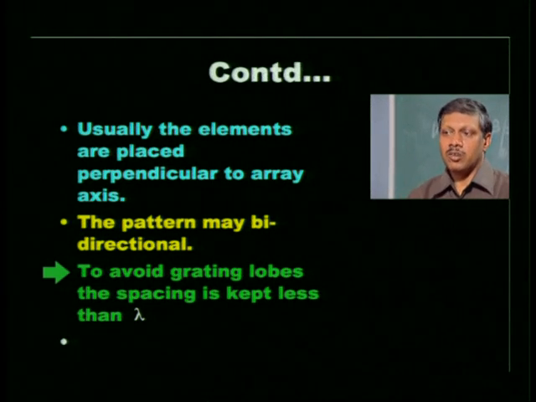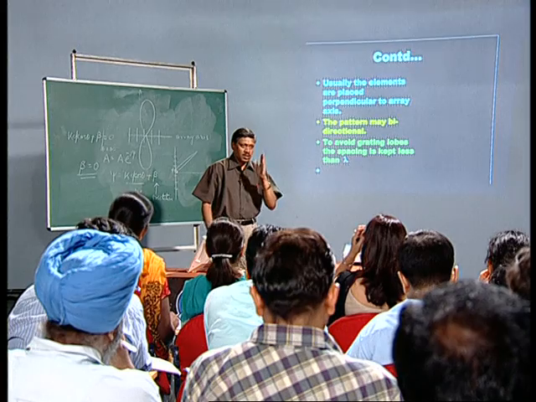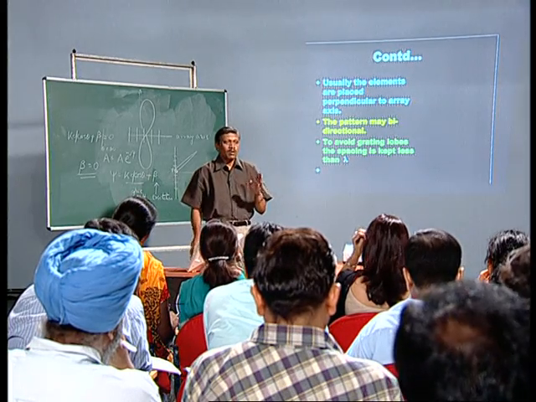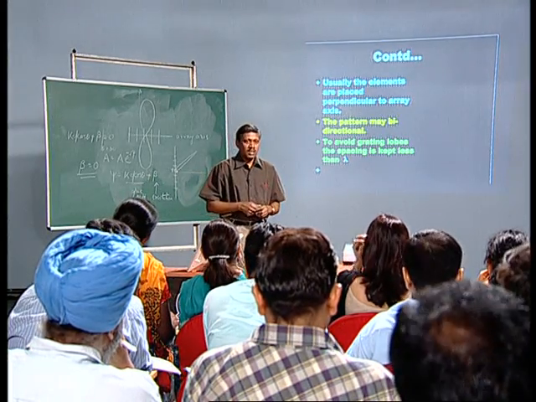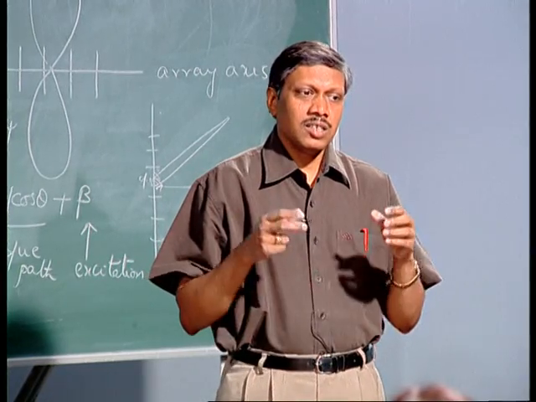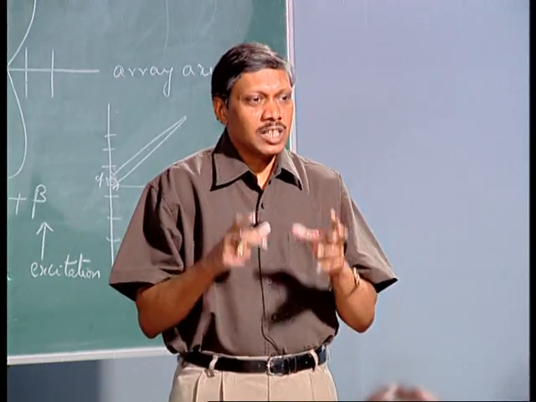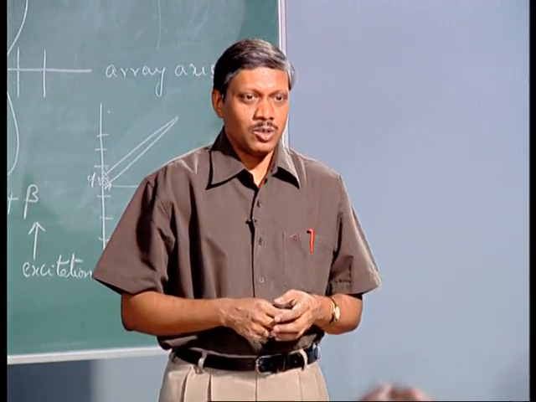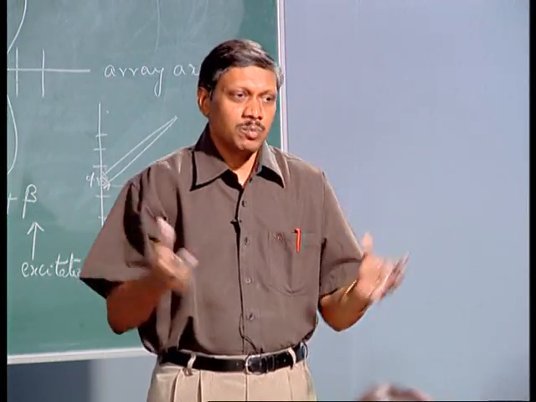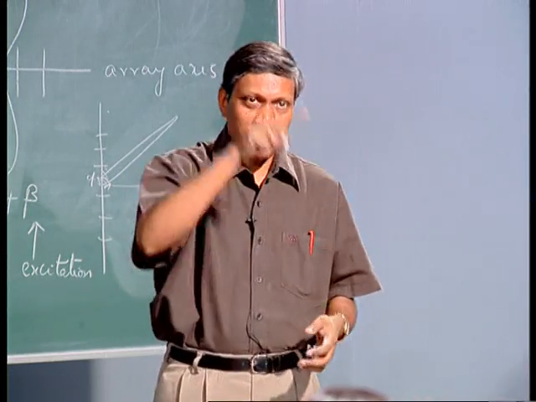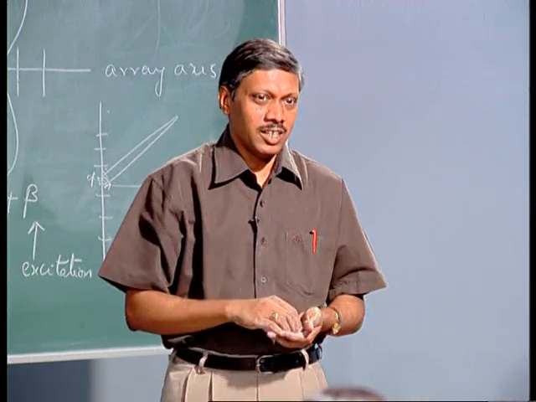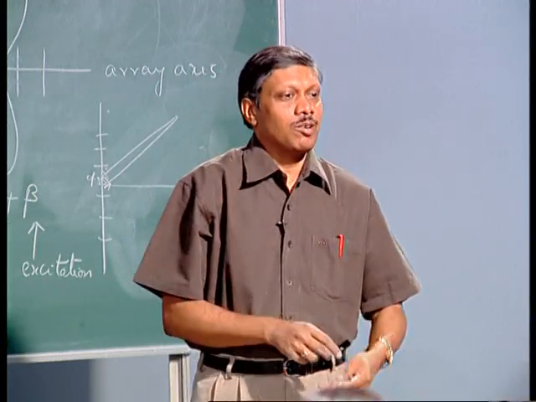What do you mean by grating lobes? Already I have explained major lobe, minor lobe, back lobe, all those things we have discussed in your class. Grating lobes are the minor lobes which have almost the same amplitude as the main lobe. So, that means multiple maxima, like the pattern which you saw in my initial slide. This is a situation of the grating lobes.